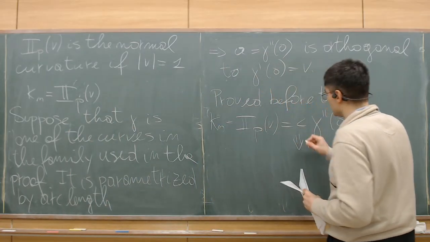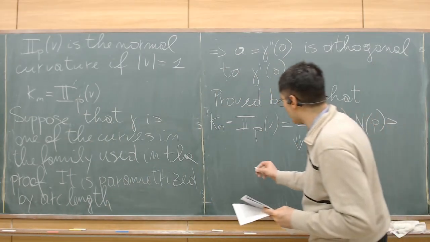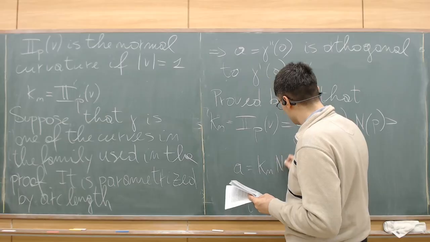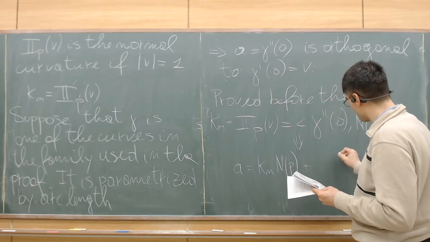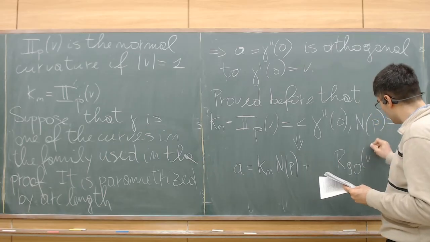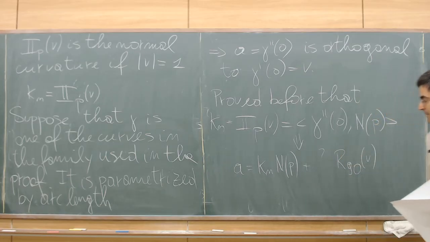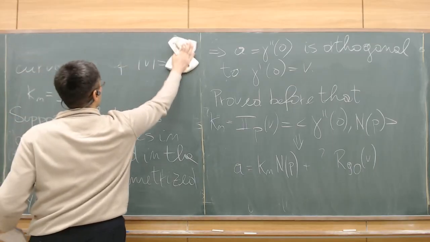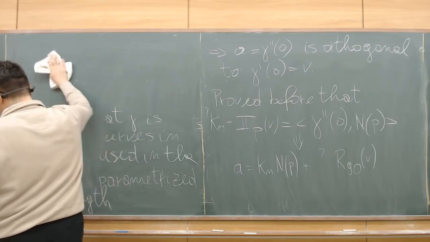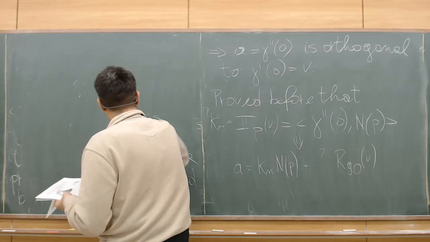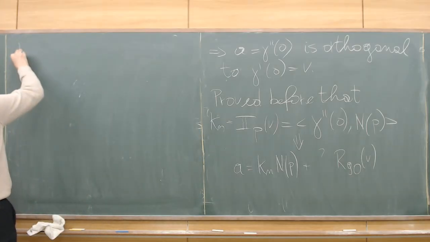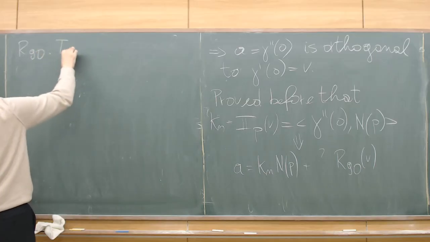Then this implies that I can write down the following formula. A is equal to Kn multiplied by n at P plus something else multiplied by R90 of V, where R90 is the rotation in TPS.